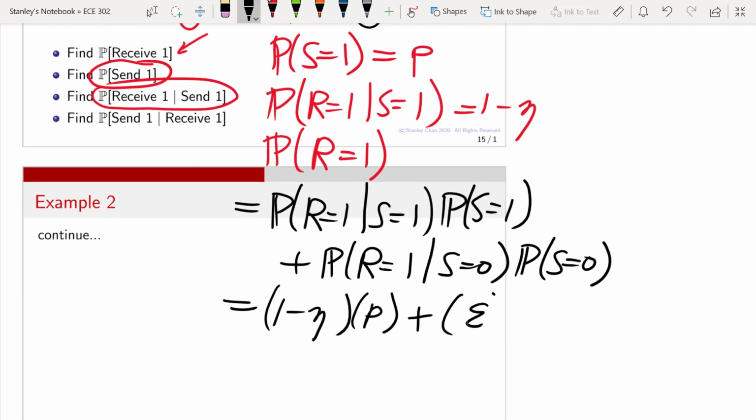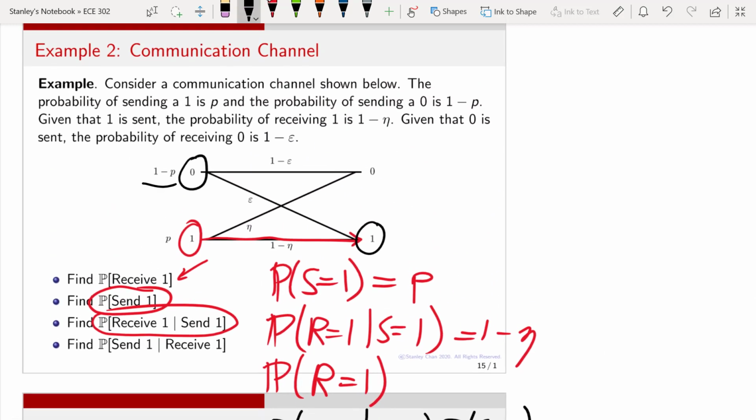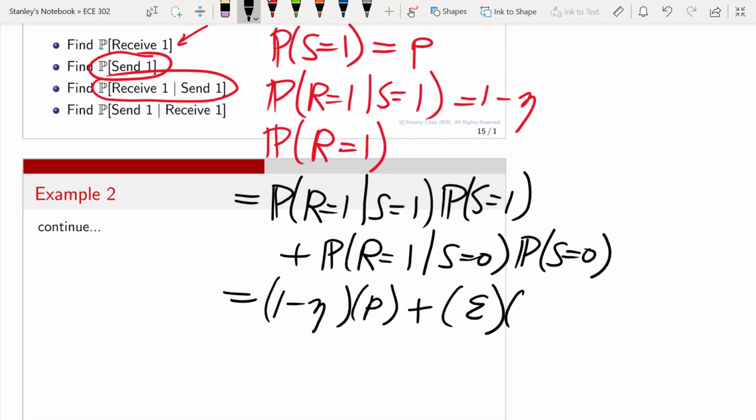And the probability of S equals 0 is 1 minus P. So this is the probability of R being 1.